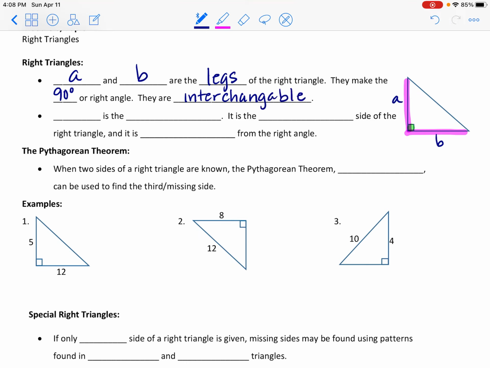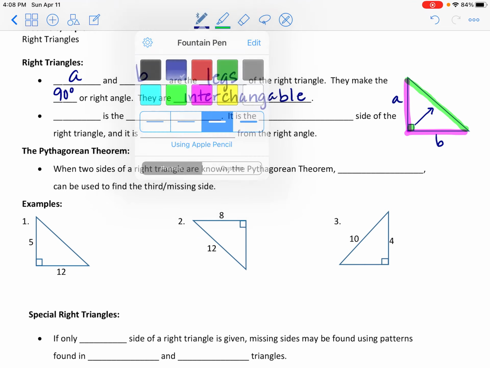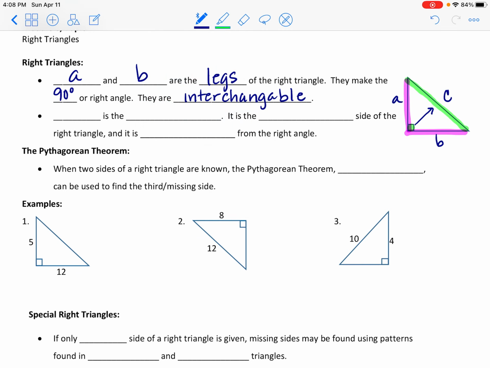And then the third side of our right triangle, this one here, is the longest side of the right triangle, and it's the longest because it corresponds with, or is across from, the largest angle, the 90-degree angle. So across from that biggest angle is our longest side. We're going to call that one C, and it is known as the hypotenuse of our right triangle.